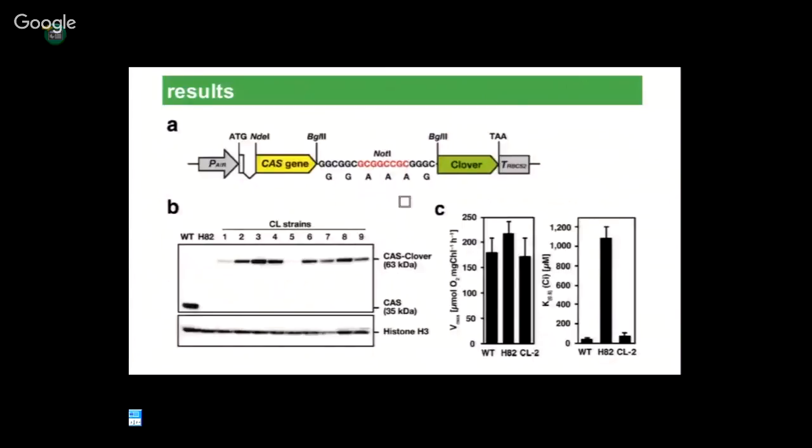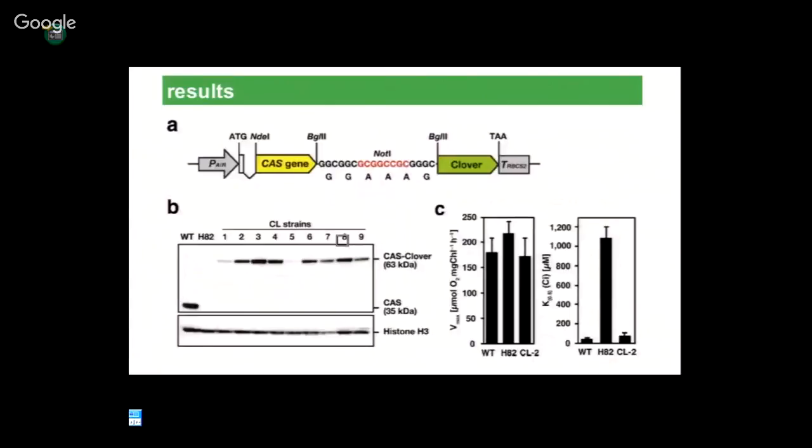These strains showed fluorescence signals derived from CAS-Clover inside the pyrenoid. By Western blotting analysis using a CAS antibody, a band of approximately 63 kilodaltons was detected. It corresponded to the predicted size of the CAS-Clover fusion protein.